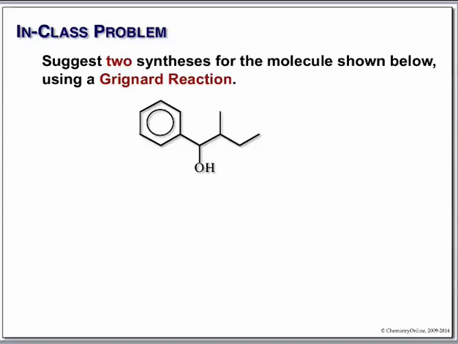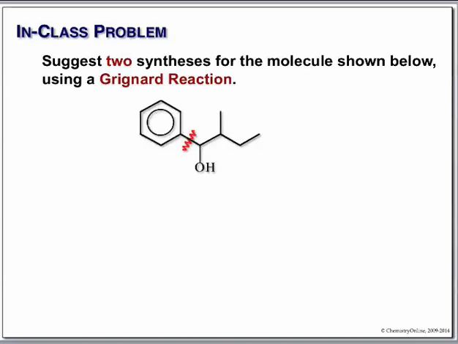What you're going to do here is simply say to yourself, here's the OH group. That used to be a carbonyl, didn't it? You know that. So, we've either added to this side of our carbonyl or to the other. So, mentally you want to split on one side or the other. If we split here, then we have added our benzene ring.